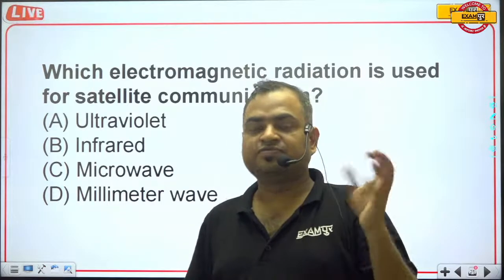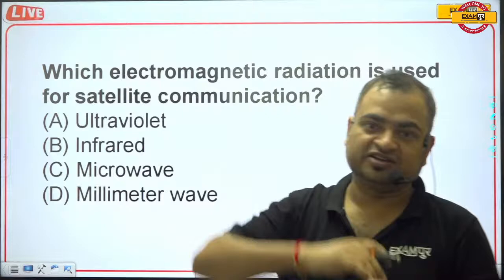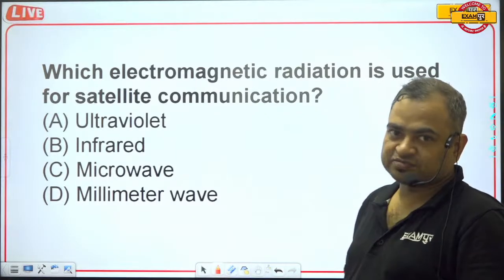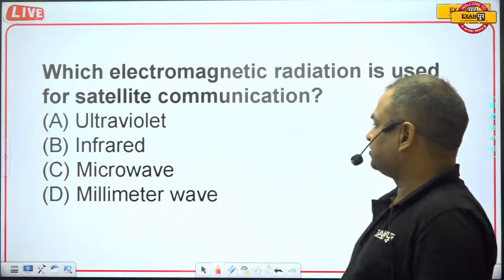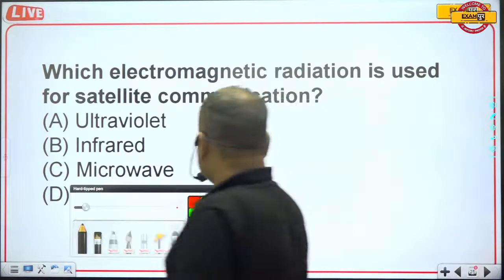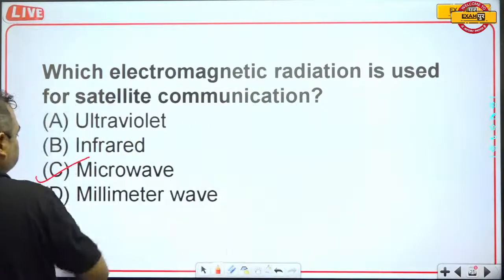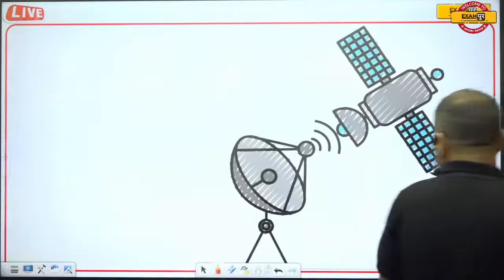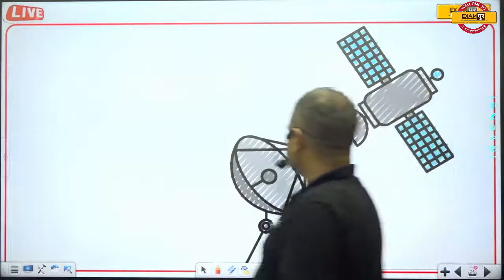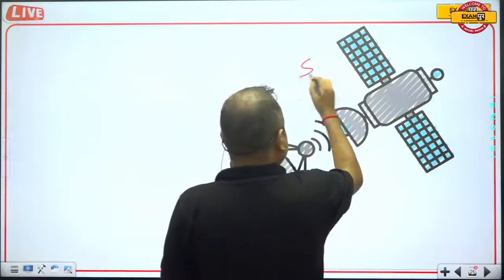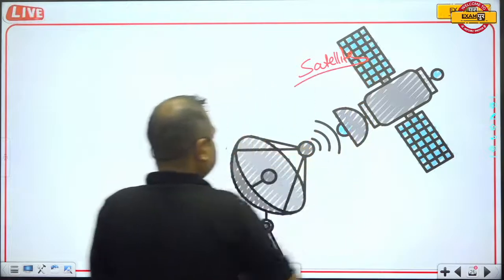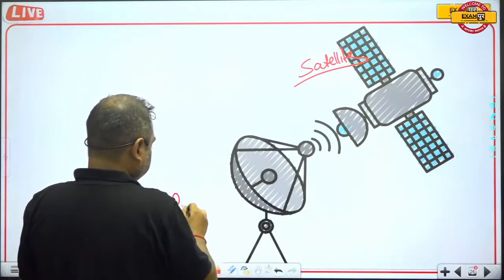Such TV signals come from satellites, and this happens just because of satellite communication. So satellite communication uses microwaves. This is the satellite, and this is our receiver.